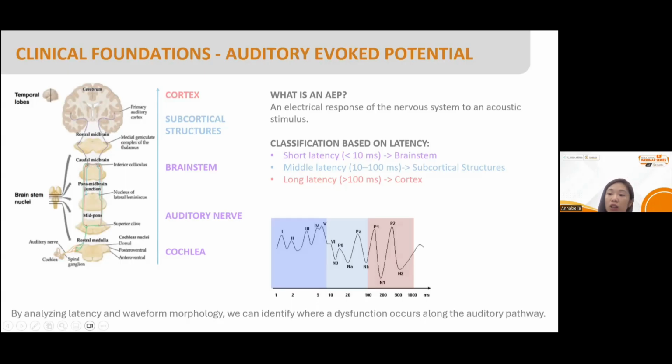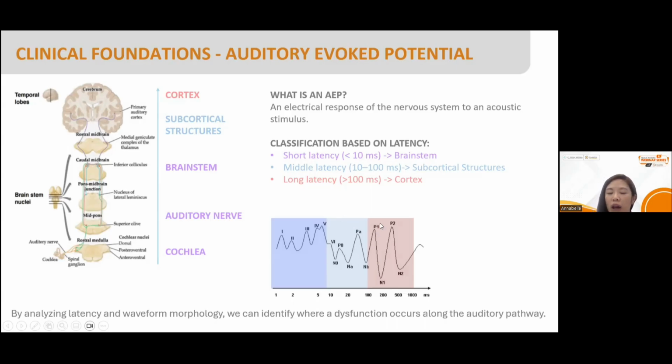We're checking the ratios, the latency, and the amplitude of waves 1, 3, 5, so that we know how the brainstem is doing when we hear the signal, okay? The stimulus. For the middle latency, we have the subcortical structures, and then the V1 to NB for the subcortical structures.